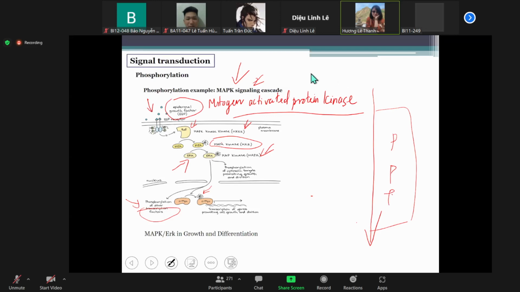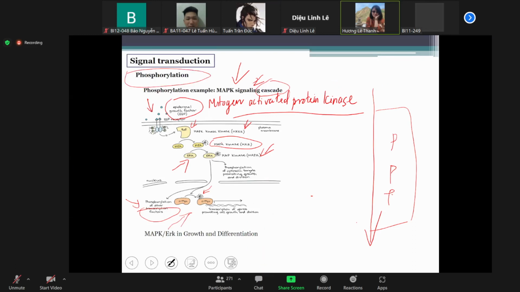We call this a cascade, like a waterfall. One thing activates another thing, which activates another, and by the end you stimulate a process inside the nucleus through phosphorylation.